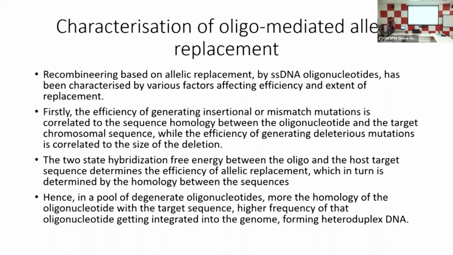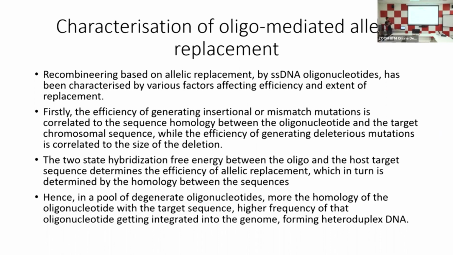Hence, let's say you have a pool of degenerate oligonucleotides. A degenerate oligonucleotide is a set of nucleotides of a specific length, where each position can have a possible set of bases. These are represented by letters such as N, R, and P. N means that position can have all four bases, R means it can have only A and G bases, and so on.